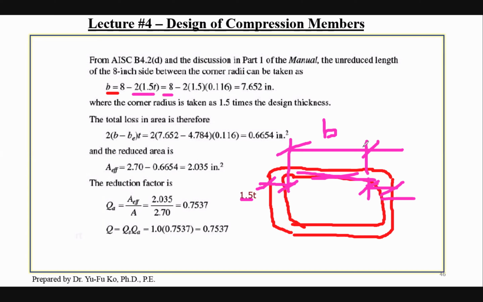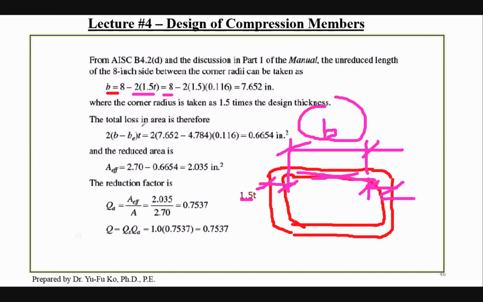So your actual length for this slender element is A minus 2 times 1.5 t, which is 7.652 inches.